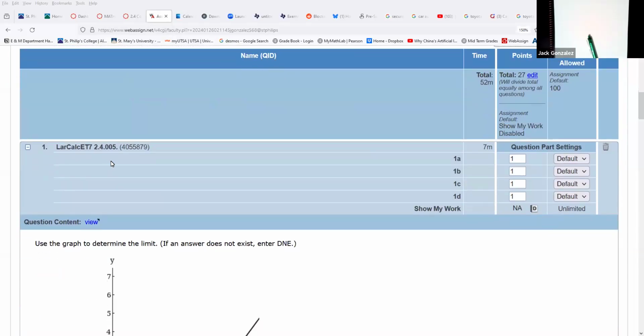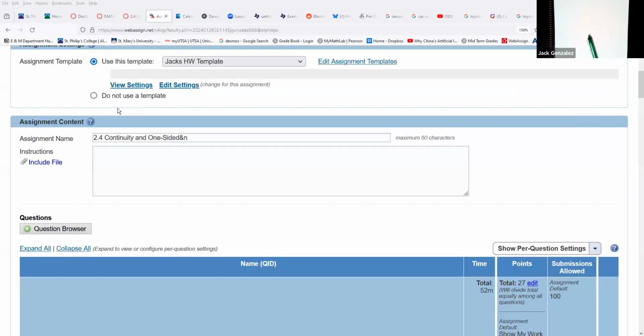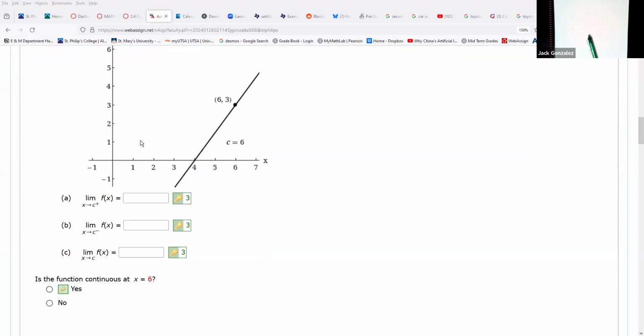All right, so this is going to be very similar to what we did before, except they are basically doing one-sided limits, hence the title. But they will also talk about continuity. So I'll probably have to pull up those definitions for you. Let me grab those right now, actually, before I forget. One moment. Here we go.